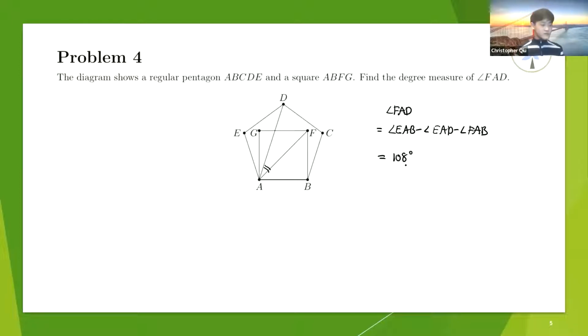But in case you haven't, the way we can find that this is 108 degrees is by noticing that the total of all angles in this pentagon is 180 degrees times 5 minus 2, which is 3.